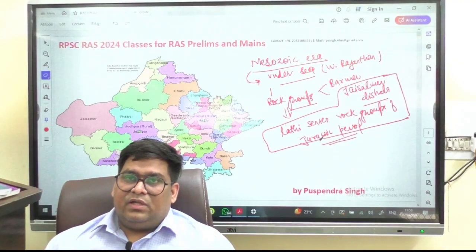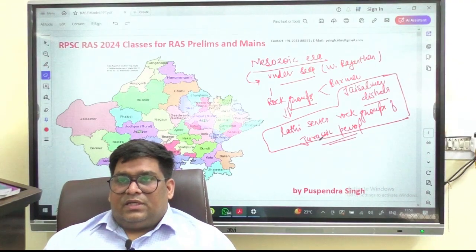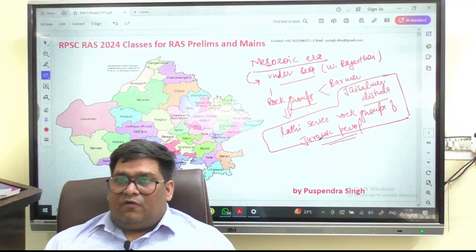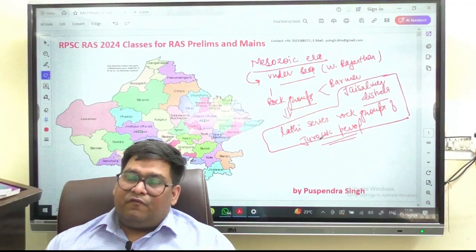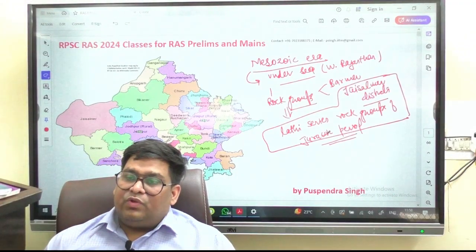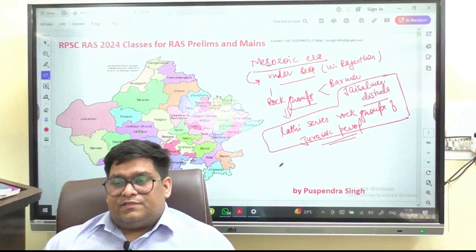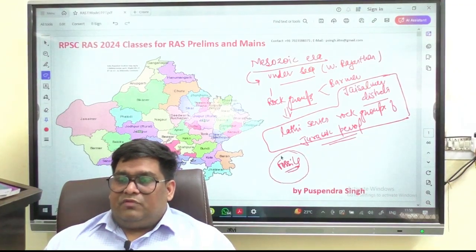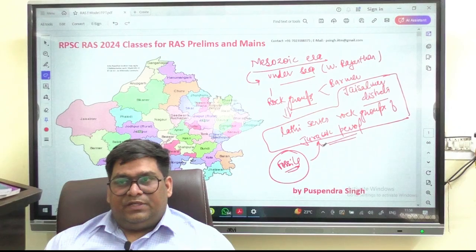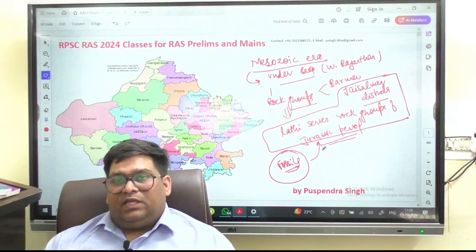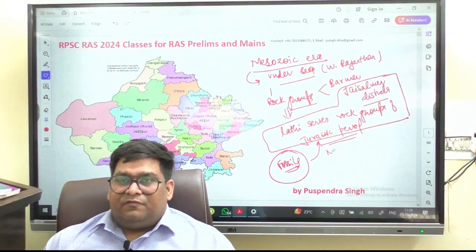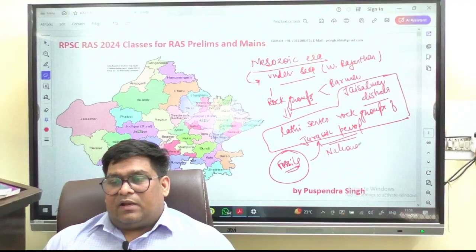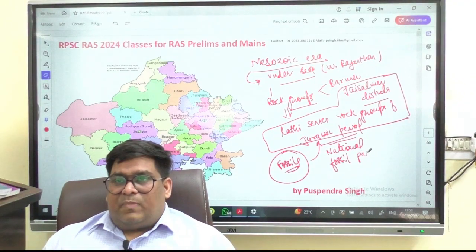The rock groups of the Triassic period are not found here. You can find the fossils of the Jurassic period, specifically in the National Fossil Park, which is located at Jaisalmer.